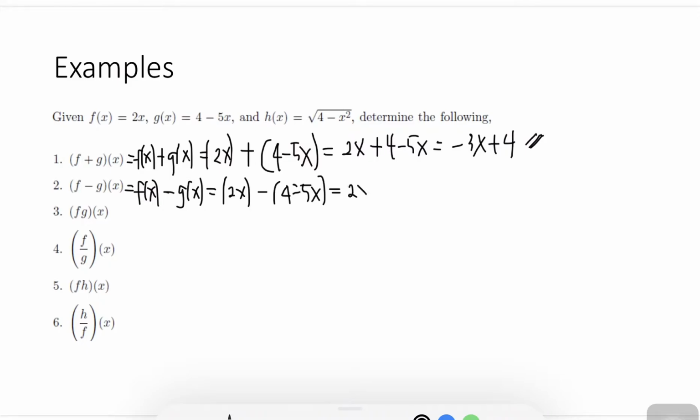So we have 2x, this is minus, so this will become minus 4 plus 5x. And this is now 7x minus minus 4. Okay, 7x minus 4.